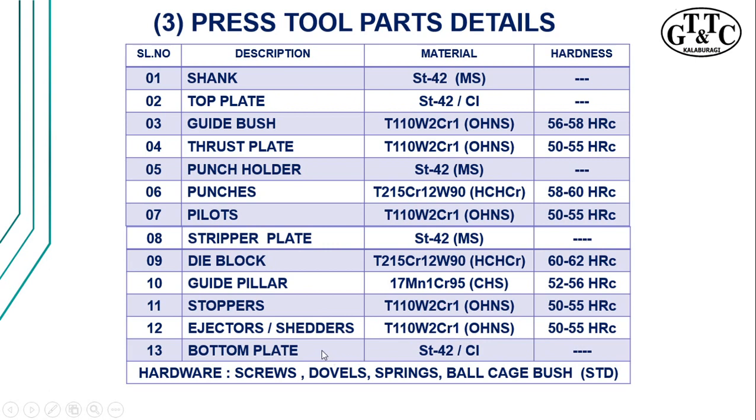And then finally it's the bottom plate, or you call it the die shoe, and it can be of MS, and if it is from a standard die set it can be of cast iron. And all these parts can be supported with hardware such as screws, dowels, springs, various compression springs, and then ball cage bush.